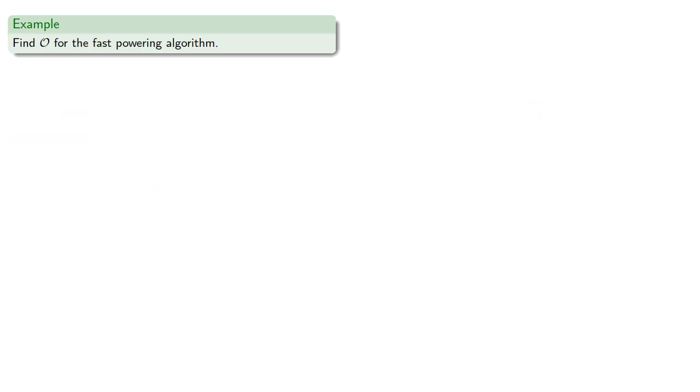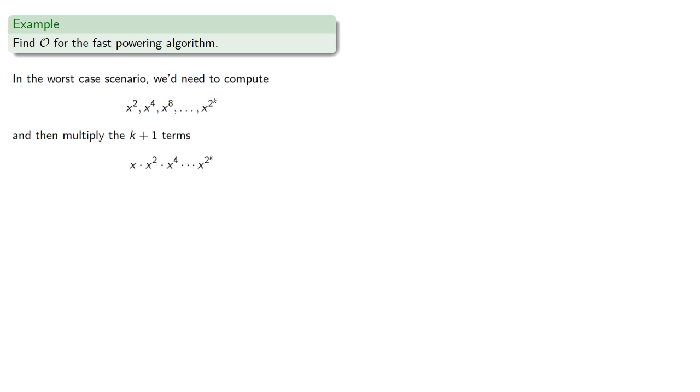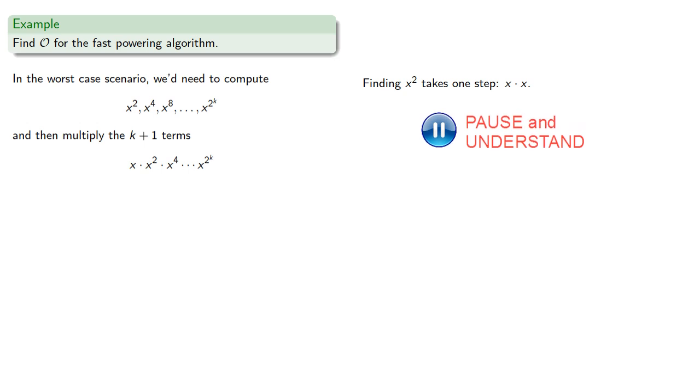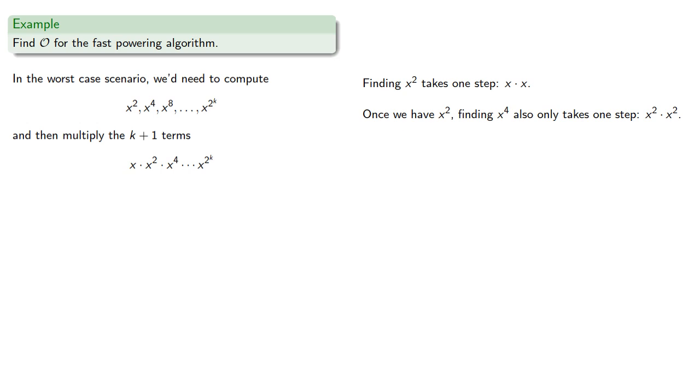So let's find big O for the fast powering algorithm. In the worst case scenario, we need to compute and then multiply the k plus 1 terms. Now finding x squared takes one step. That's x times x. Once we have x squared, finding x to the 4th also only takes one step. That's x squared times x squared.